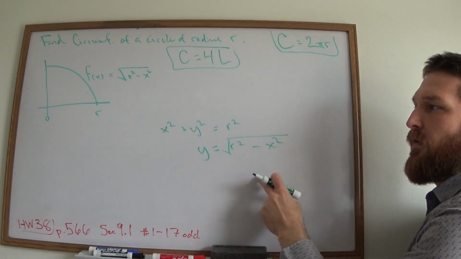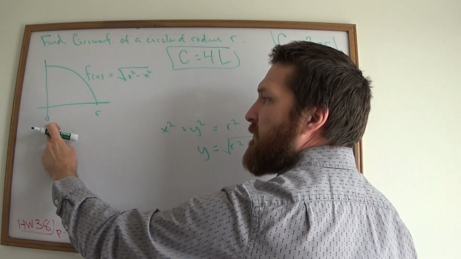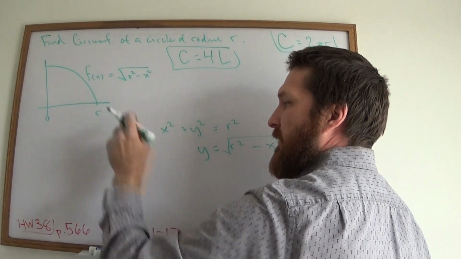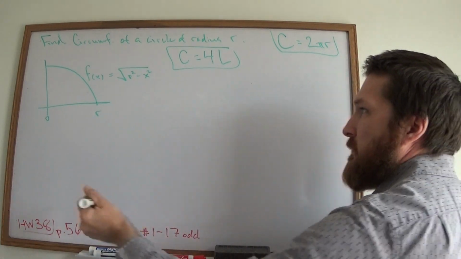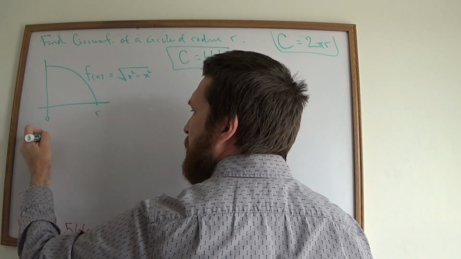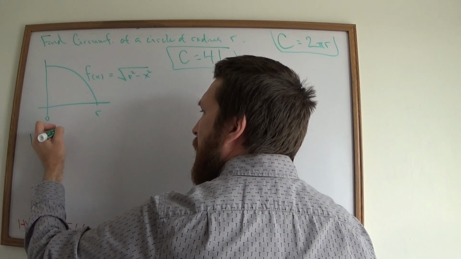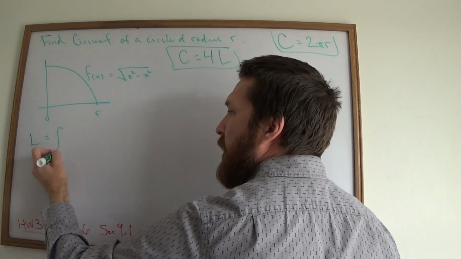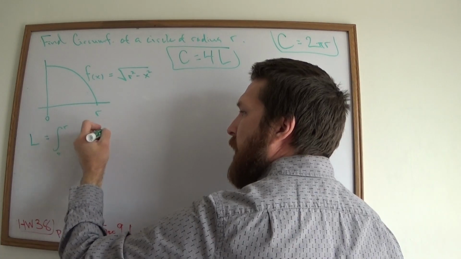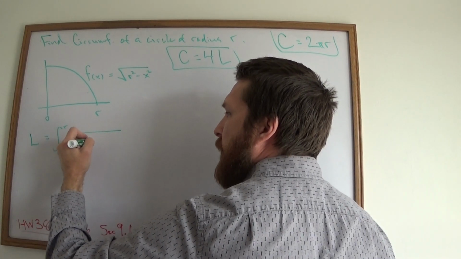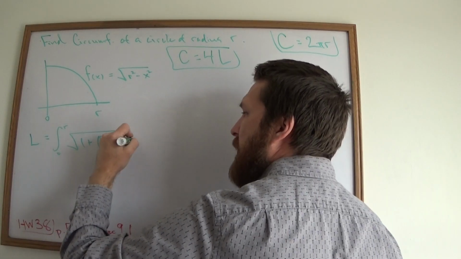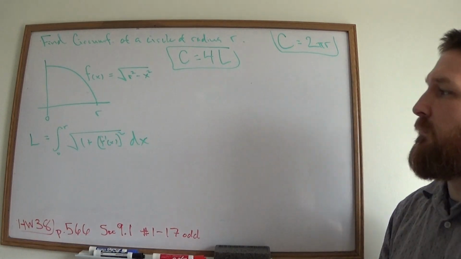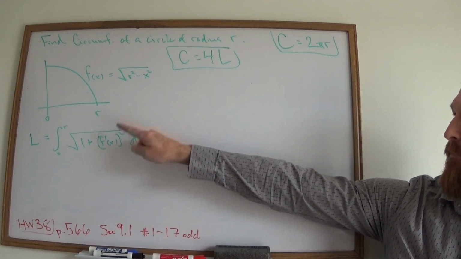And so what I'm looking for is the arc length of this function from 0 up to r. I'm going to call it L, the arc length: the integral from 0 up to r of the square root of 1 plus f prime of x squared dx. So we're going to need f prime. What's f prime?